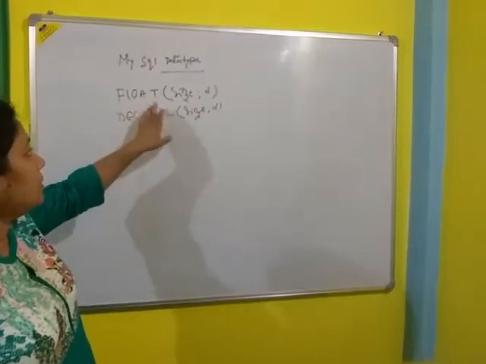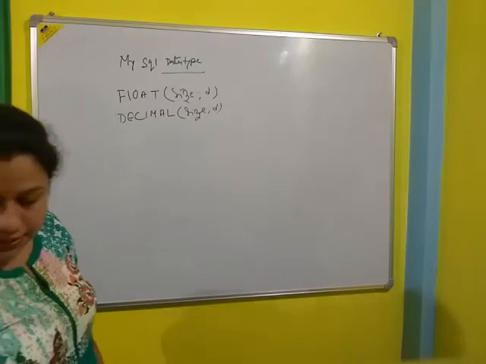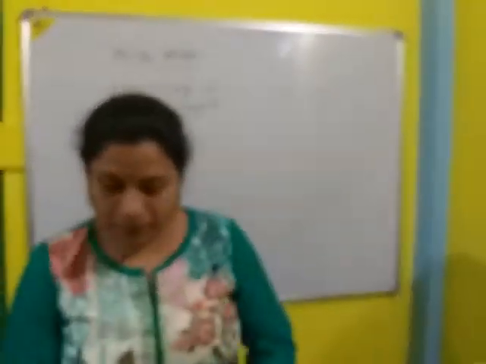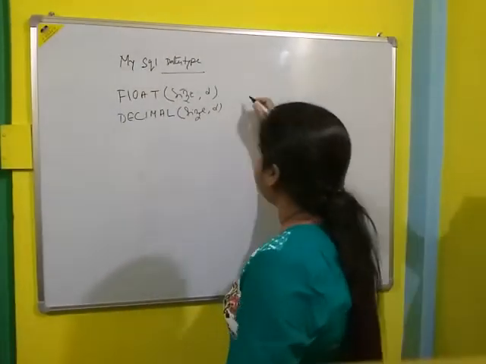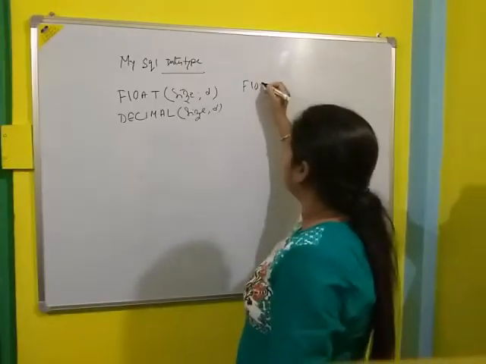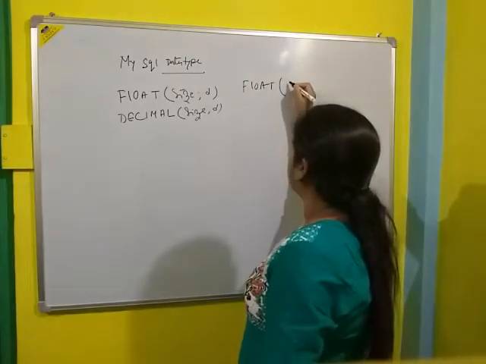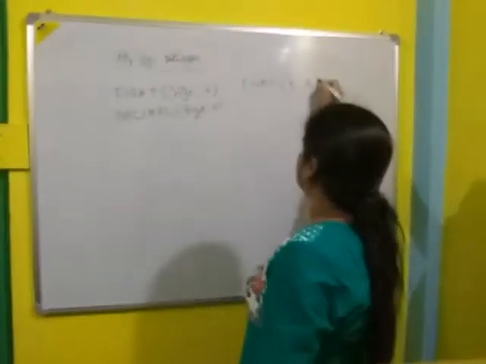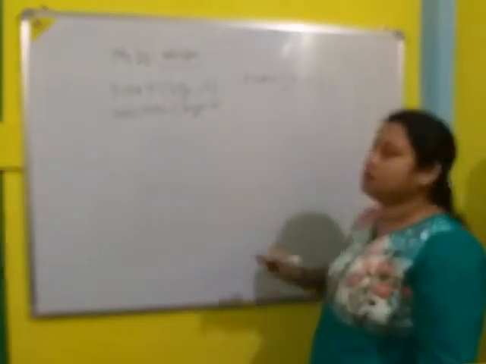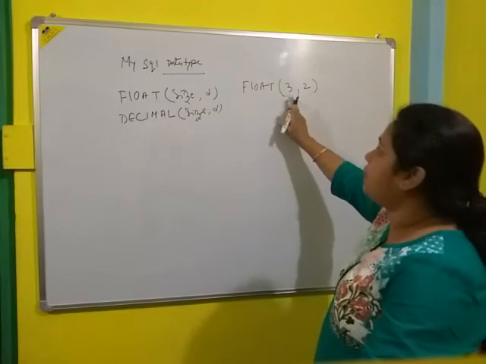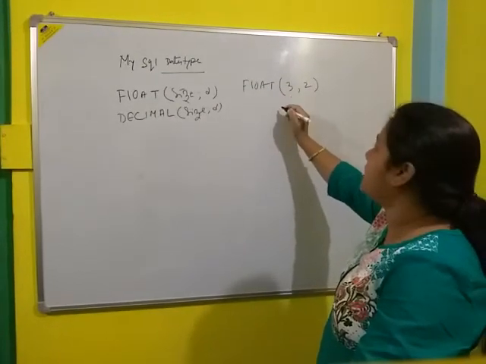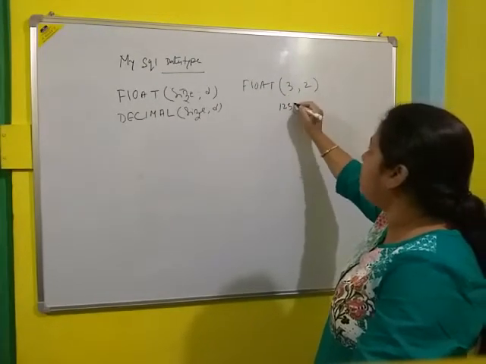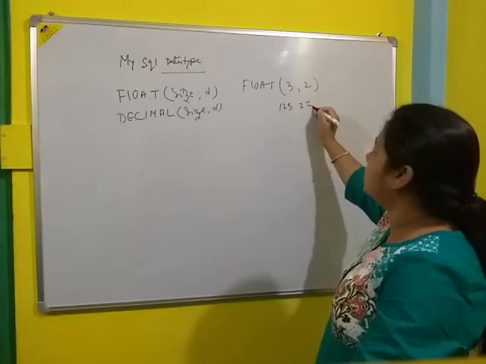So for example, if I write float(3, 2), that means this data type is going to enter 3 digits, suppose 123.22.